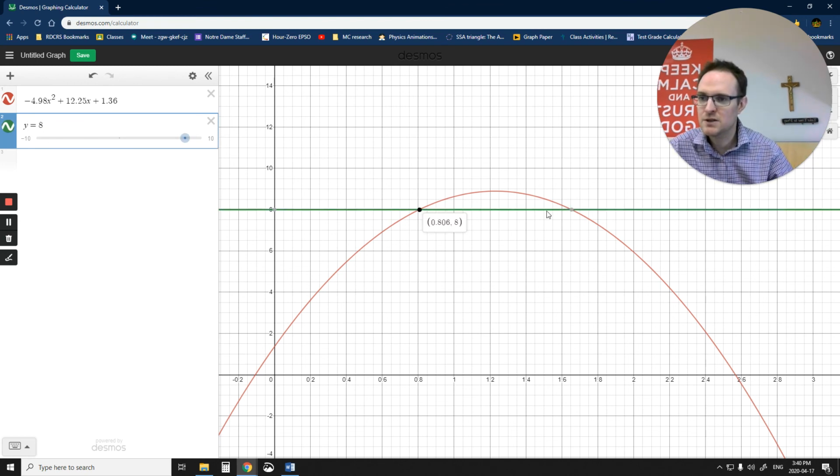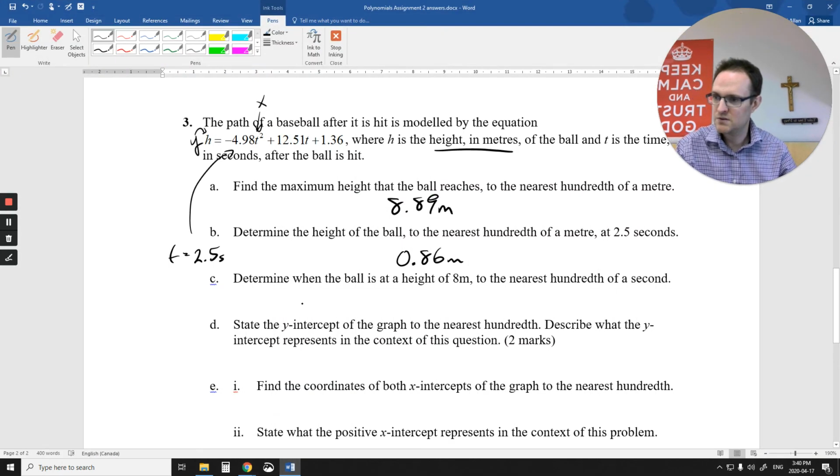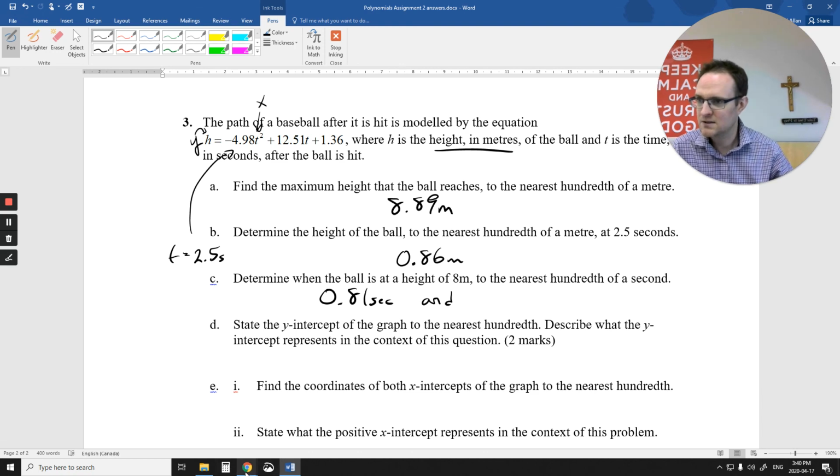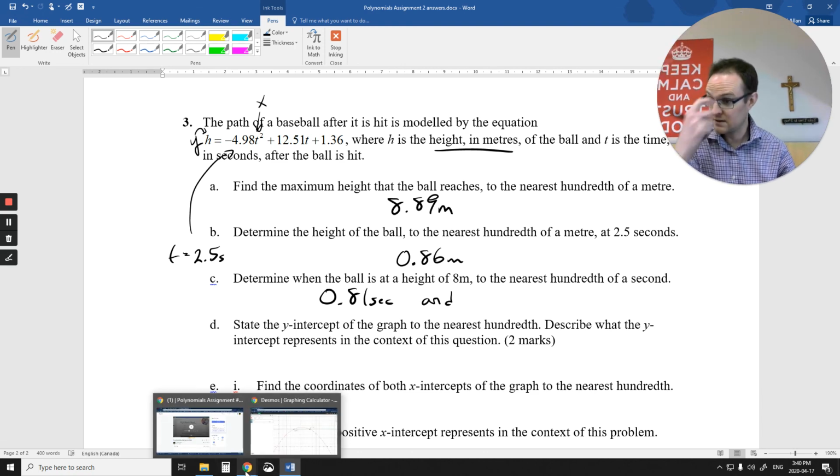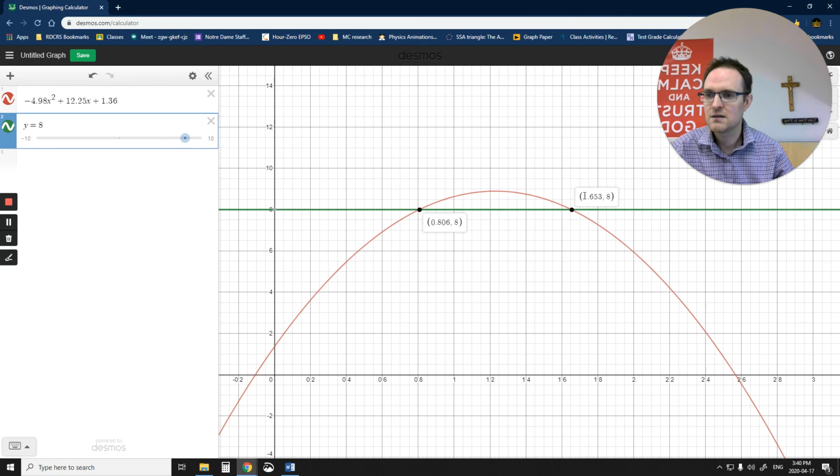You notice that there's going to be 2 times because it goes up and then comes back down. So there's 0.81 seconds. And because the height goes past that to 8.89, it comes back down, so it comes to 1.65 seconds.